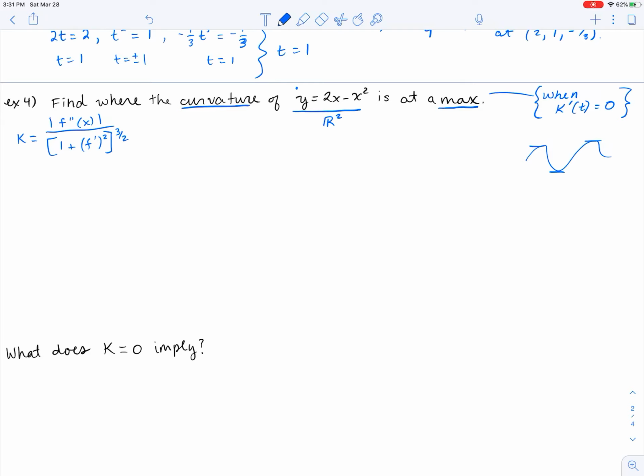Okay. So first of all, f of x is our 2x minus x squared. So f prime of x is 2 minus 2x. And the second derivative is -2.